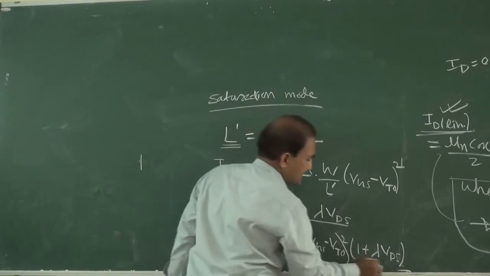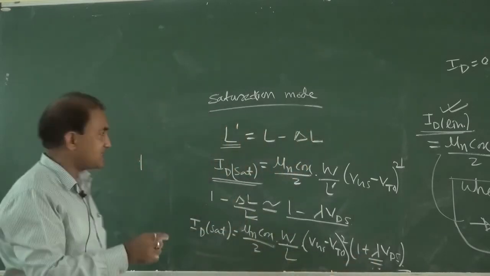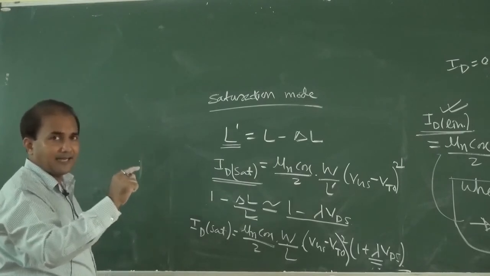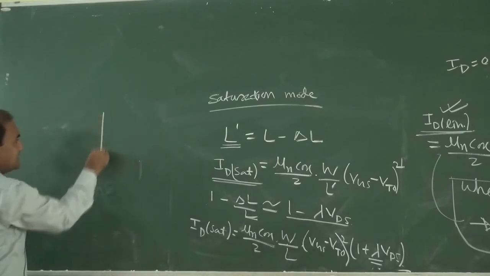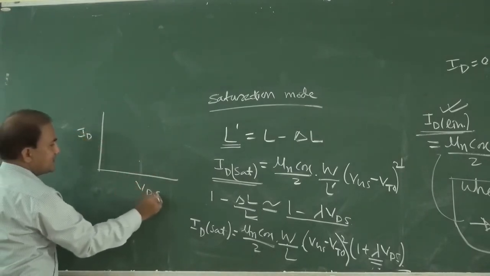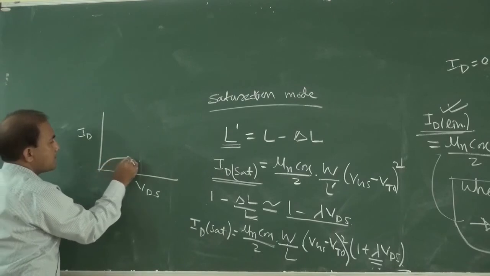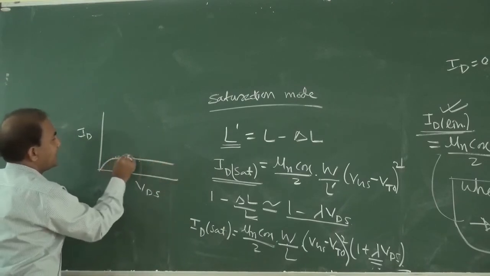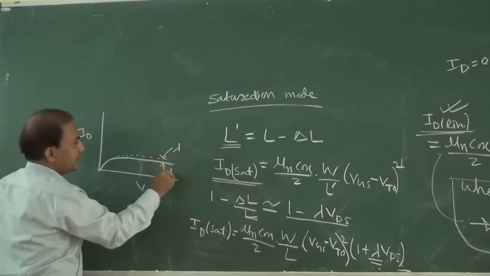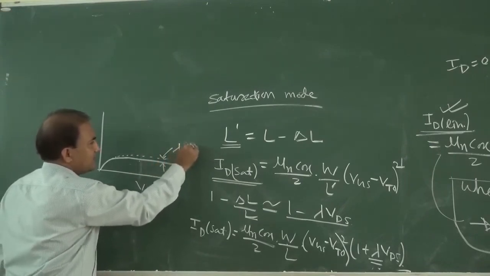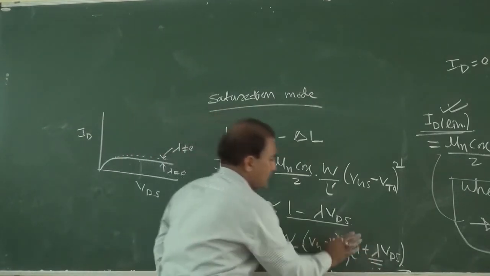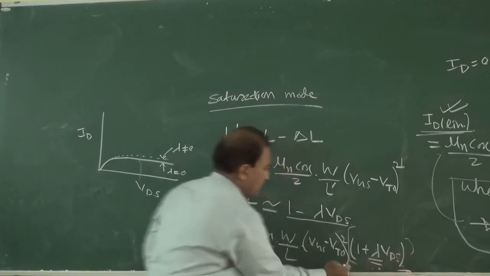Because of this lambda expression, we have seen the dotted plot. Suppose this is ID versus VDS, like this. This is when we are considering lambda. If we are not considering lambda, lambda is equal to 0; otherwise lambda is not equal to 0. So if lambda is equal to 0, then the expression will be only this much.